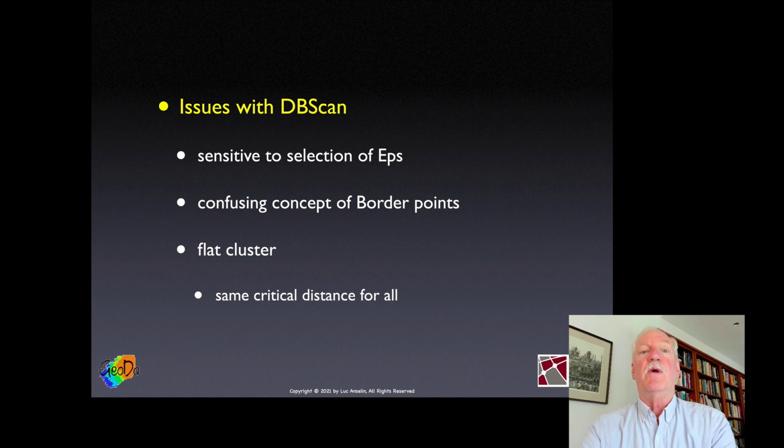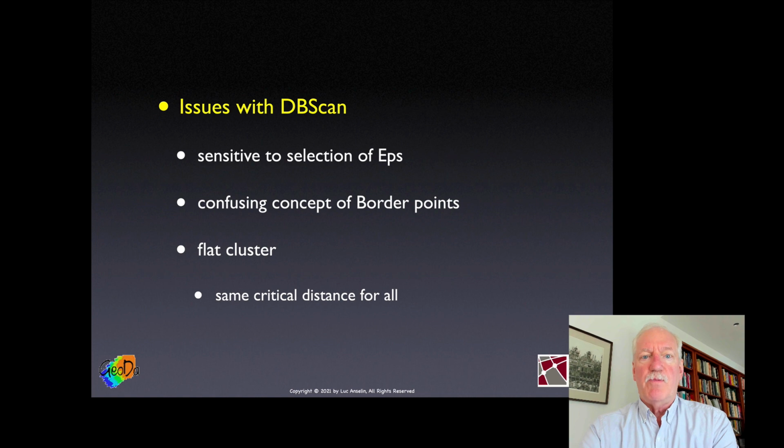In the algorithm, they are assigned to the first cluster that is encountered, which may not be optimal. The clusters obtained by DBSCAN are referred to as flat clusters, and shortly it will become clear why this distinction is important.